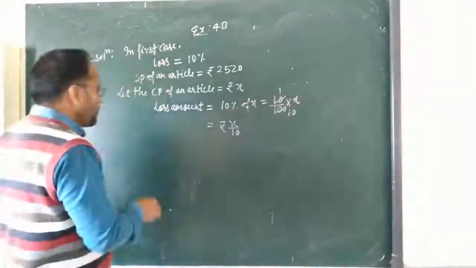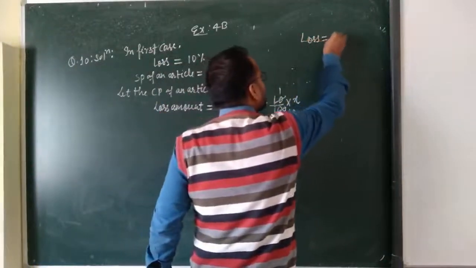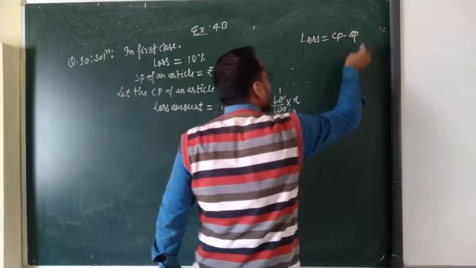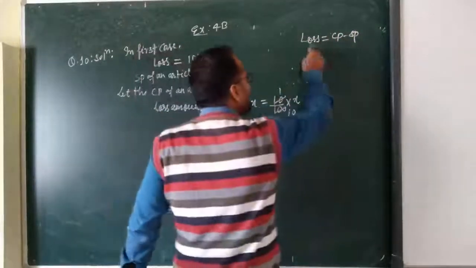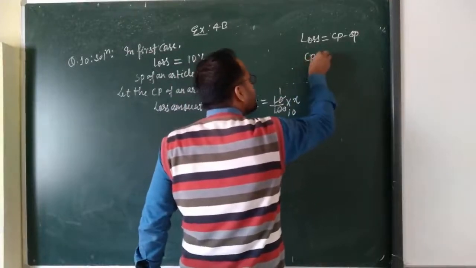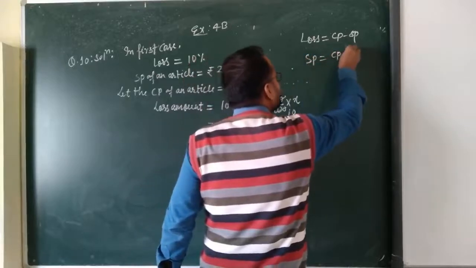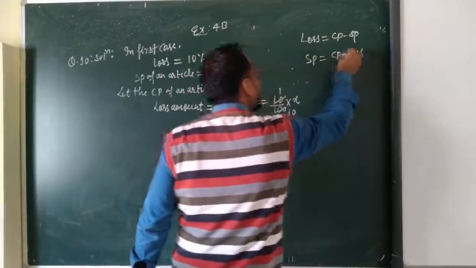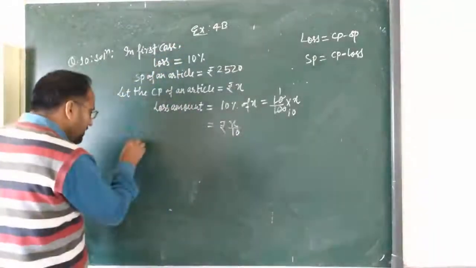Now we know that loss is equal to CP minus SP. Here SP is given, so our aim is to find the CP and loss. So SP is equal to CP minus loss.